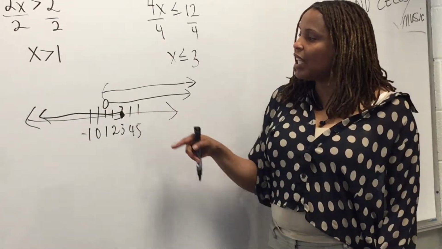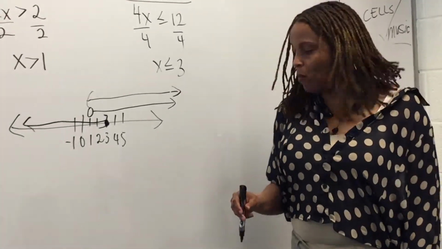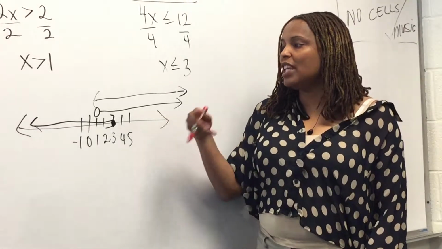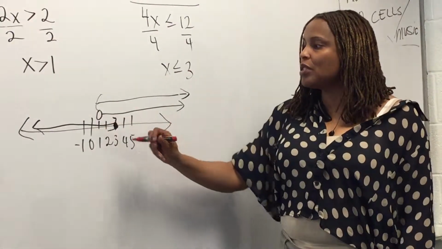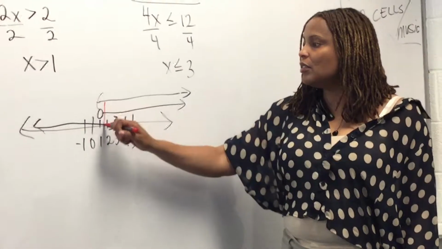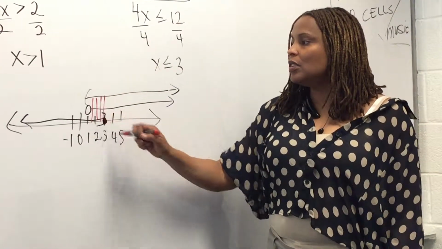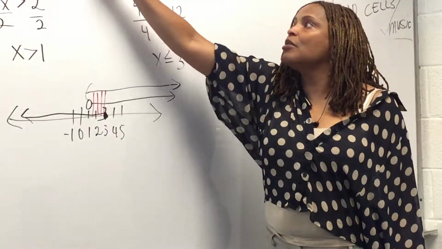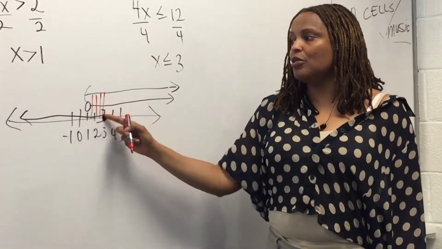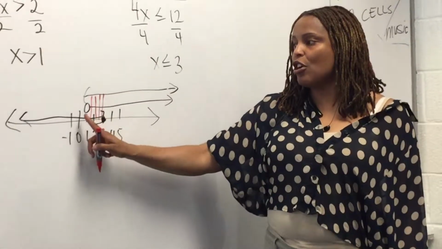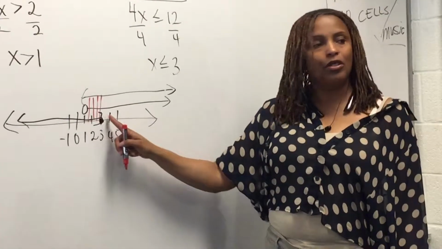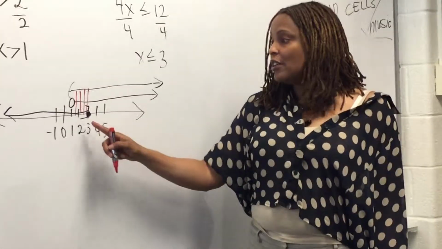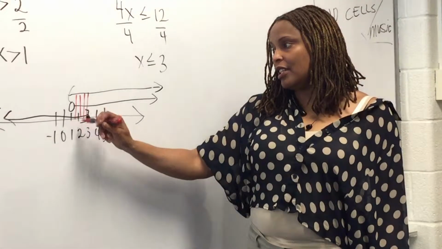So where do they overlap? What numbers or what interval of numbers is included in both sets? Right? So because this is an "and" statement, you only write what's included in both sets. Where do they start to share? At what number do they start to share? Don't they share all this too?